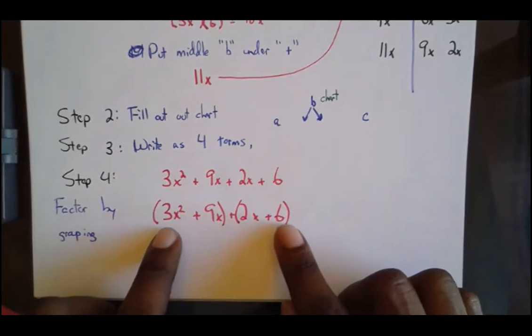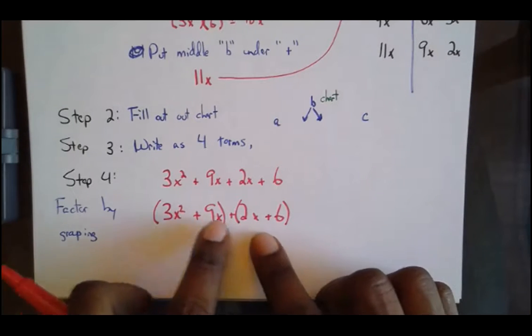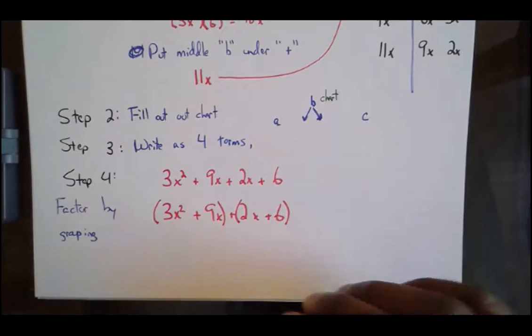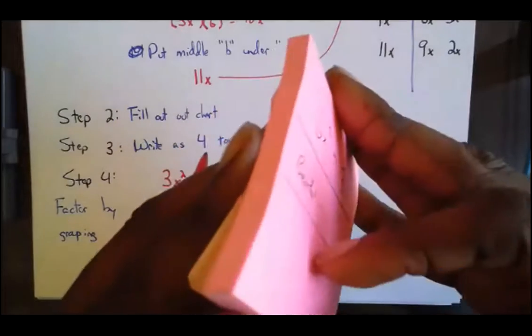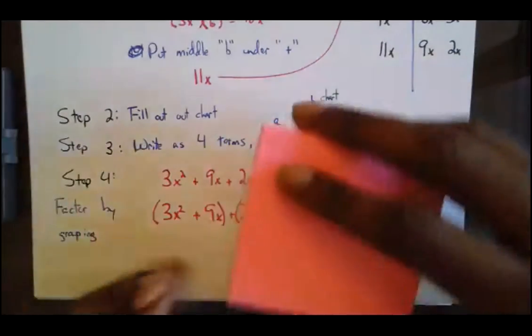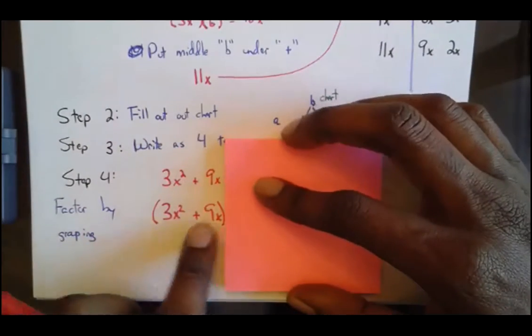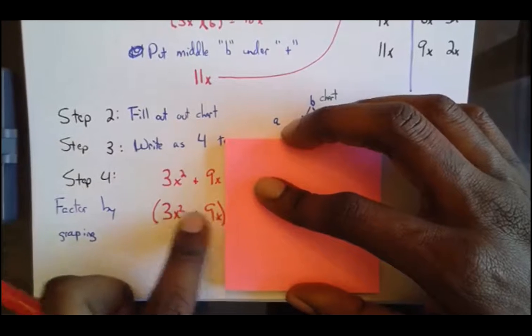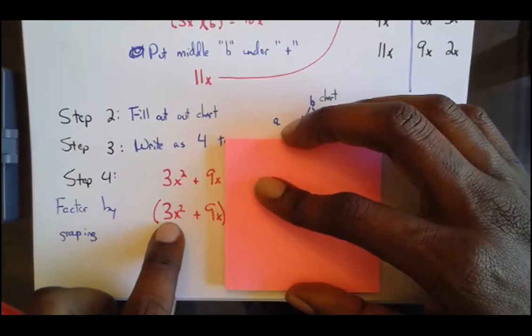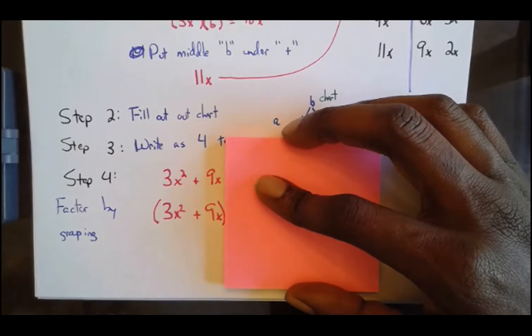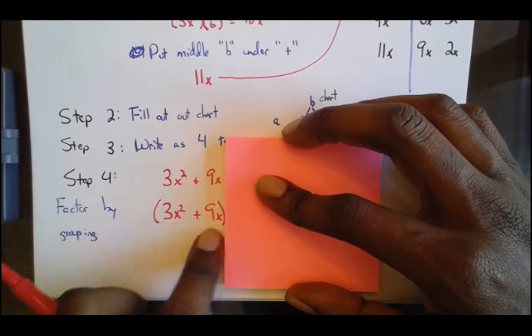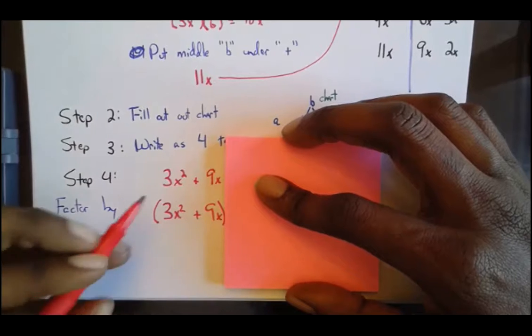Actually, this would be FOIL if they were without the plus sign there. But what you're supposed to do next is factor each term. What's the GCF of this and this? 3 what? Look at both of them. It's not just 3. There's something else I can remove other than just a 3.